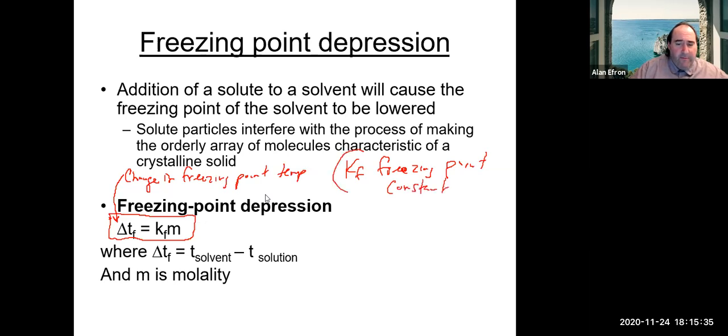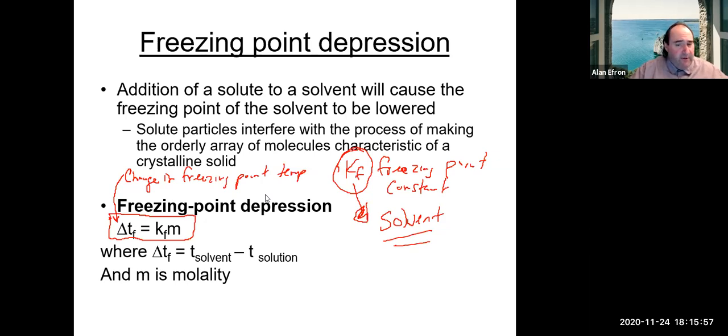And the important part about Kf is you will not find your solution in that table. When you look up the value for Kf, it is all about the solvent. So if your solution is aqueous, there's probably a pretty good chance that your Kf value is for water.